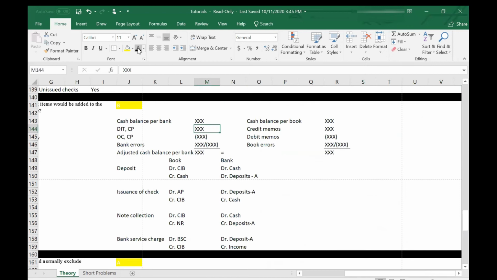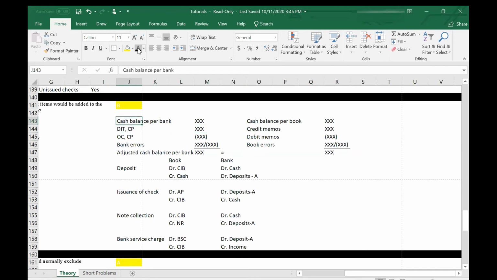Some students or book authors have different methods. For example, they start from cash to bank and then cash to book, or from cash to bank to cash to book, then cash to book to cash to bank. But from my end, I usually just follow this method.